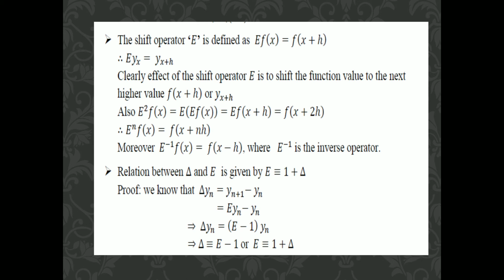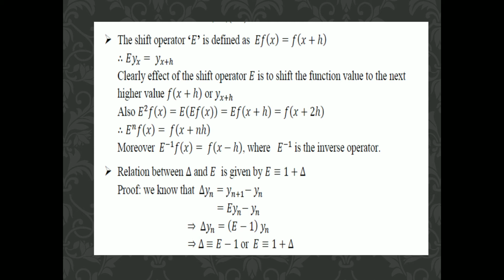Then after operating the shift operator on f of x plus h, we get f of x plus 2h. Therefore, from this we can write the nth order shift operator as E raised to n f of x, which is equal to f of x plus nh. Moreover, E raised to minus 1 f of x is equal to f of x minus h, where E raised to minus 1 is the inverse operator.